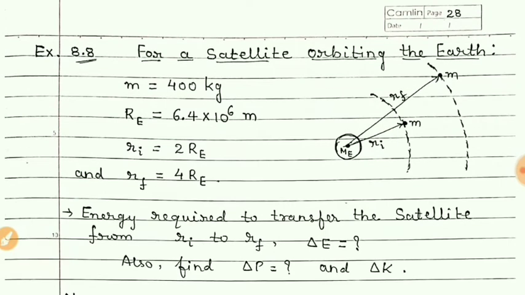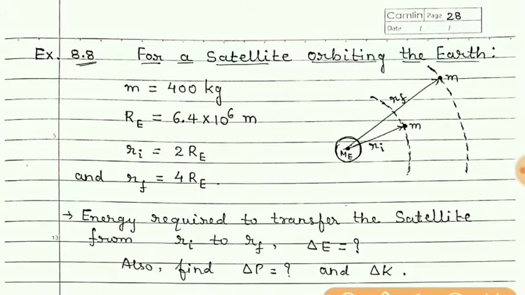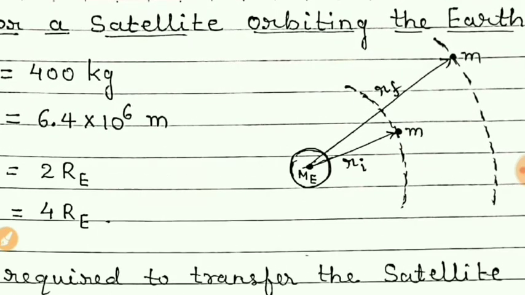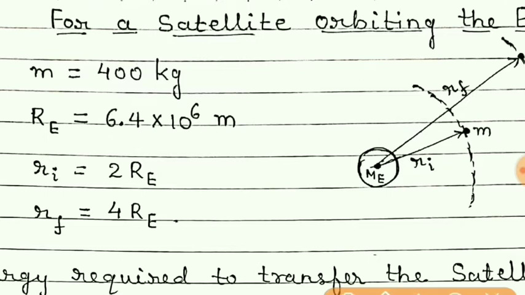Now about example number 8.8. In the statement of this example, it is given that a satellite of mass 400 kg is orbiting the earth. Initially it was at a distance Ri from the center of the earth, and that Ri is given as twice the radius of the earth.